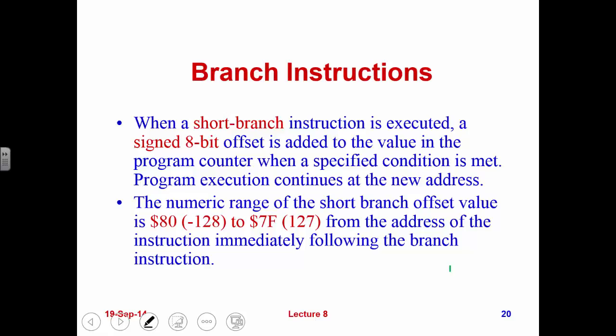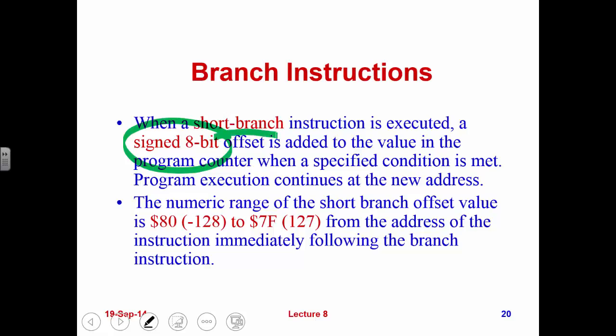But when we come to the machine code of a branch, because we need a branch, we need to go to a different location to fetch machine code. How far can you go? How far is your new location, which contains our machine code? That's determined by the offset value.